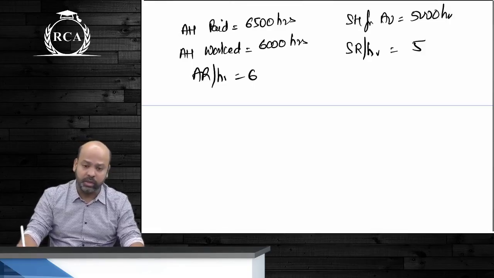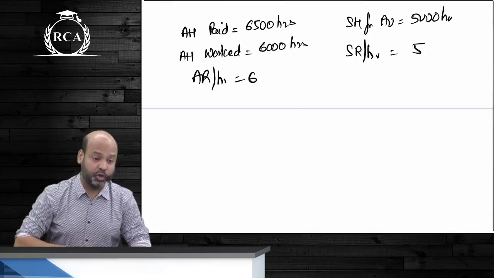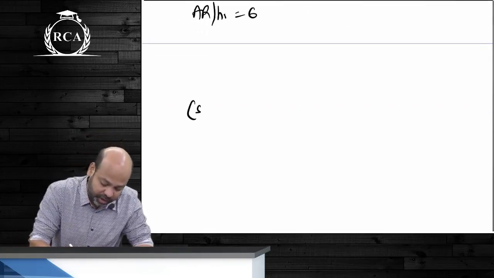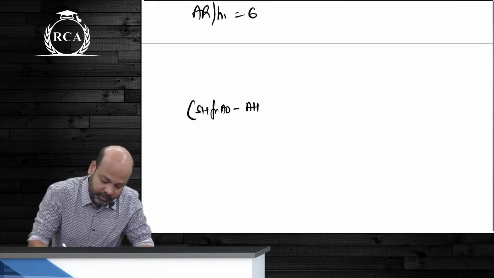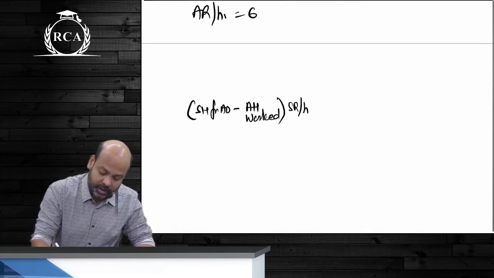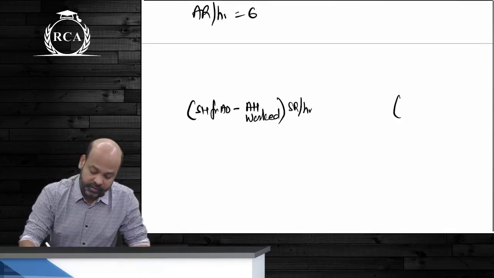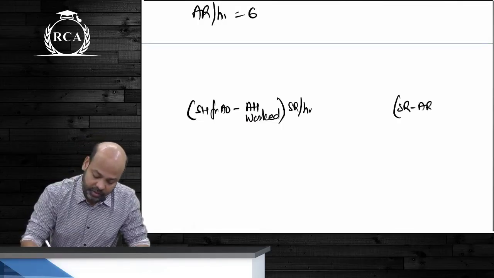Correct, beta Bharat? How are you? What should you do? So labor efficiency variance, you guys just told me that you will compare standard hours for actual output, guys, with what? Actual hours worked. This will be multiplied by standard rate per hour. In order to compute, guys, rate variance, we will still take standard rate minus actual rate multiplied by.